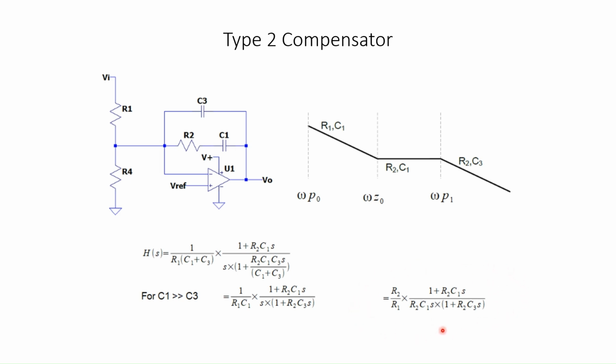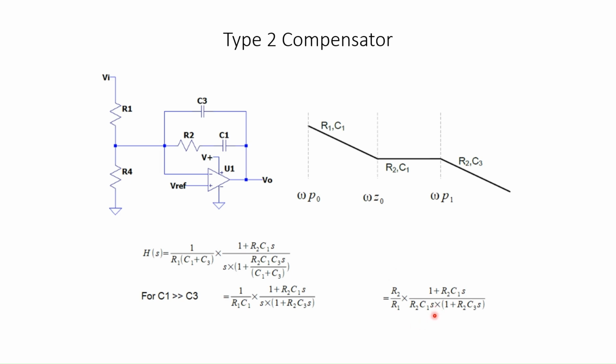And here you can see a pole at origin, another pole at 1 over R2 C3, and a 0 at 1 over R2 C1.